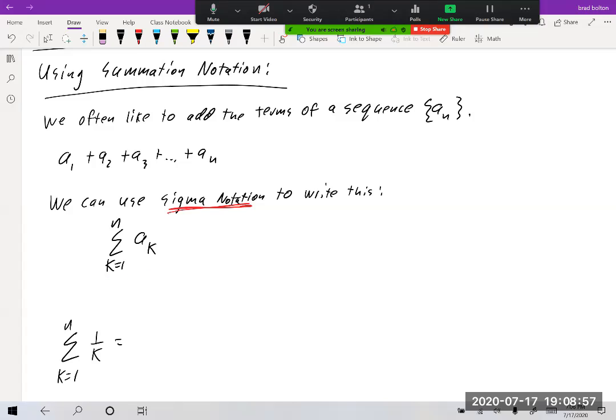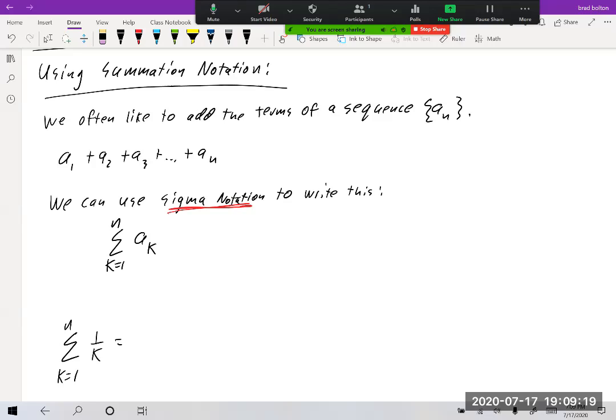So this is a very important part of Calculus 2. You're going to see this all the time. This comes up in Calculus 1 as well, but this is a huge part of Calculus 2, using sigma notation. And in Calculus 2, we focus a lot on series. So we have a sub k, which is our sequence, from 1 to n.